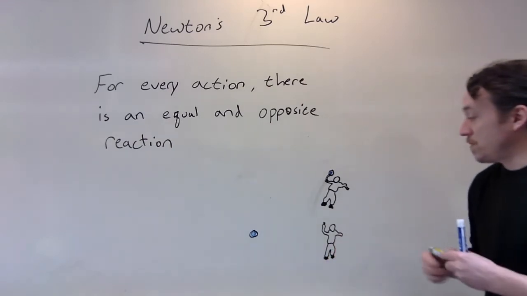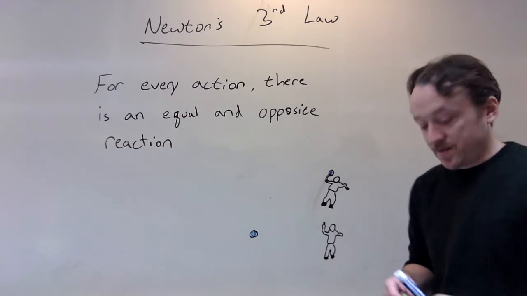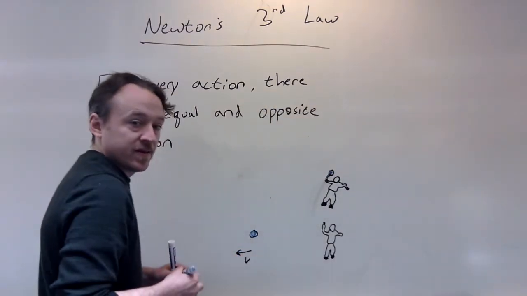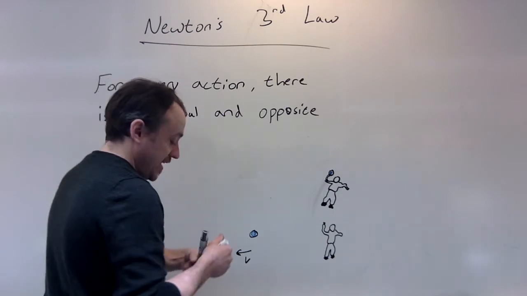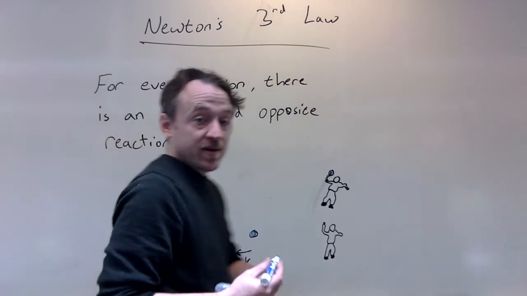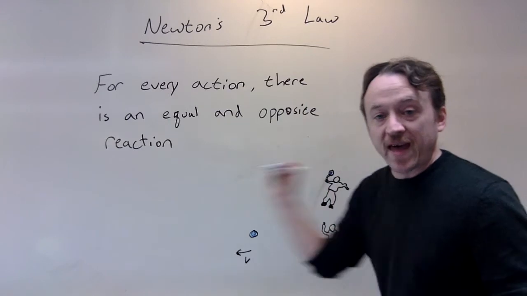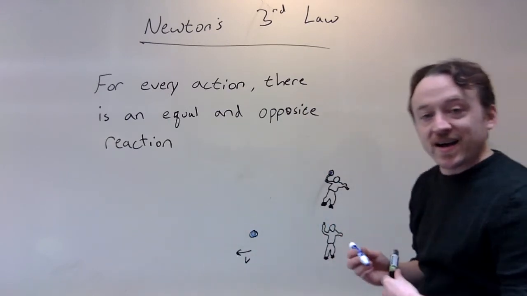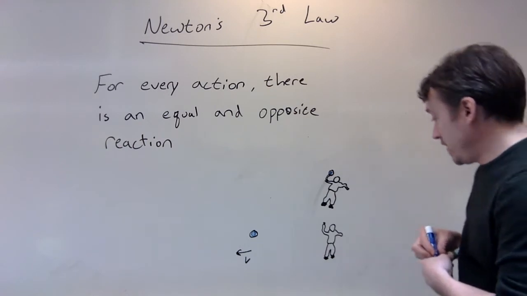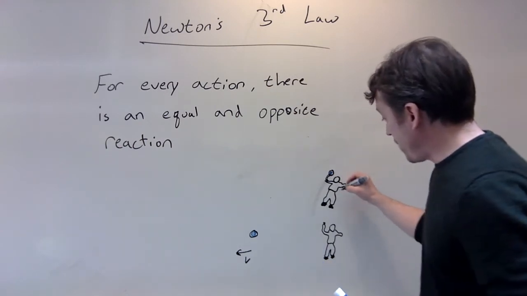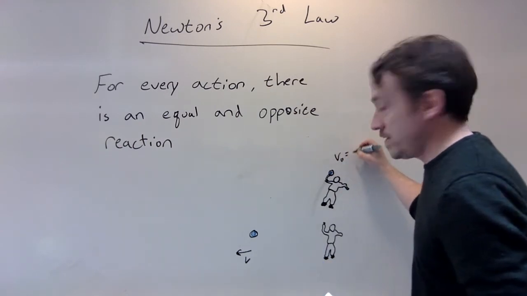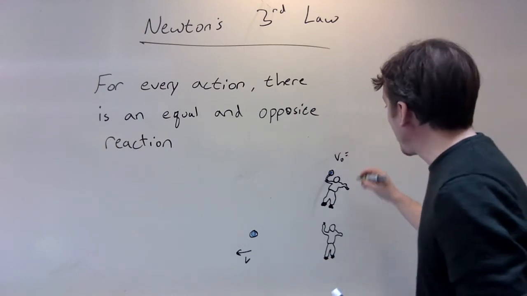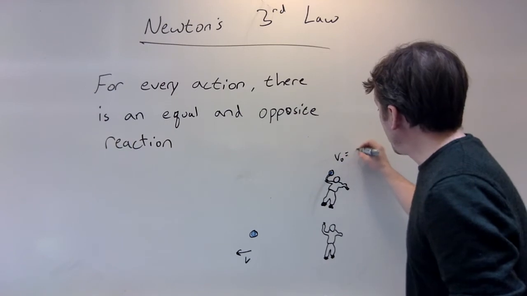Okay, so he throws the ball now, and the ball went in that direction. The ball is traveling now at some velocity v. And because of equal and opposite reaction, he applied a force in that direction, and the ball pushed back on him. So this guy who is floating free, his v naught, which is v initial, v at time zero, was zero.